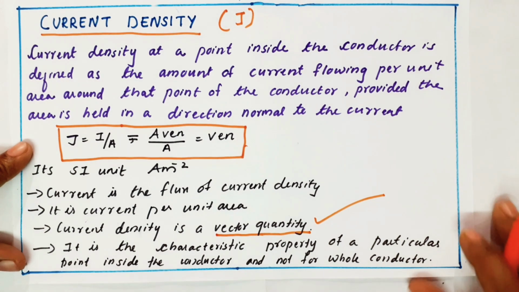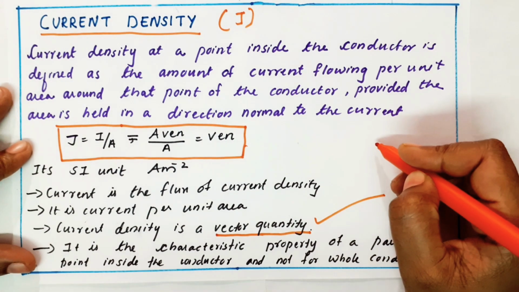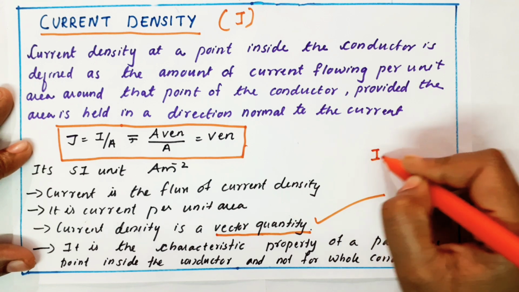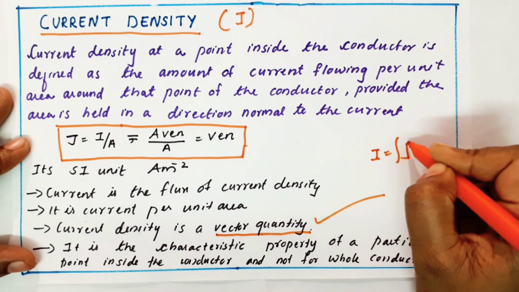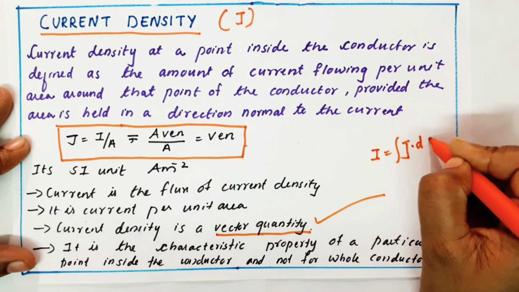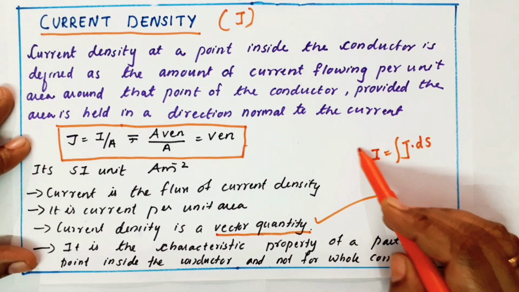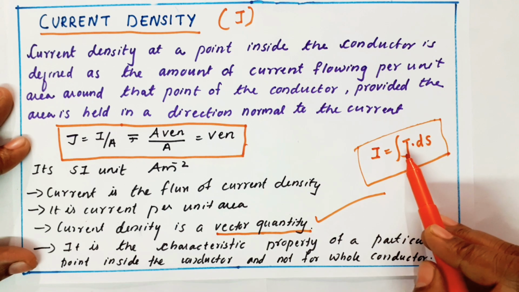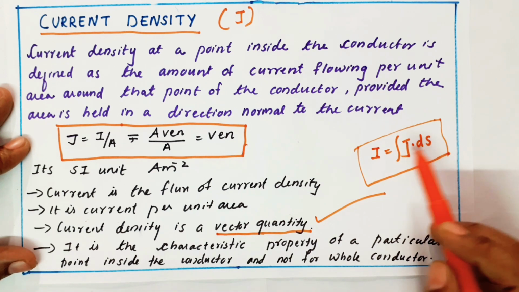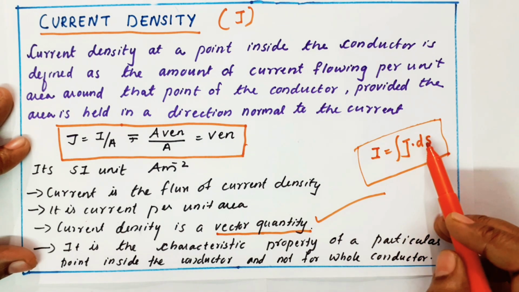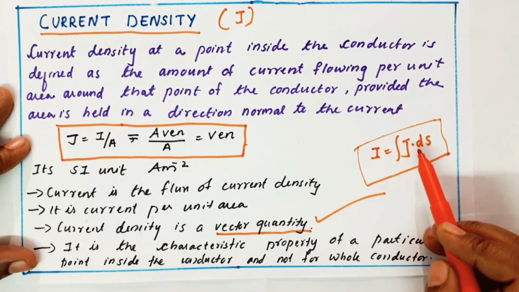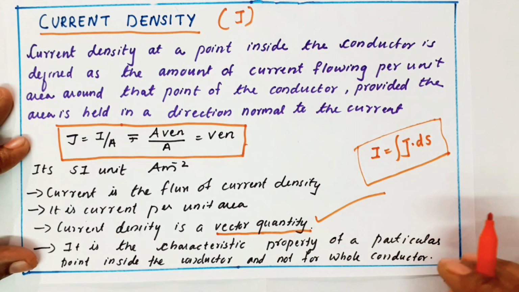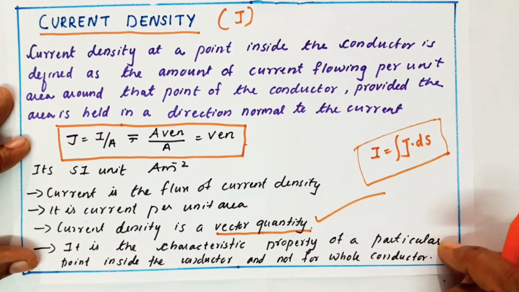So I can write another beautiful equation: I is equal to integral of J dot dS. Why do I write like that? Because I told you J is a vector quantity, and area is also a vector. The product of two vectors coming as a scalar means we can put a dot product. So you can write in short form I equals integral of J dS.